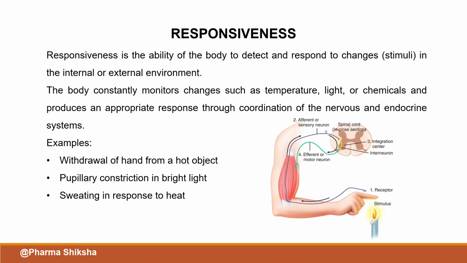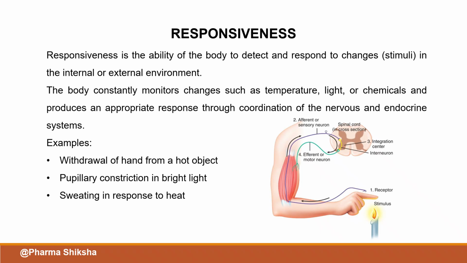The second one is responsiveness, which is the ability of the body to detect and respond to changes which happen in the internal or external environment. For example, if you touch a hot surface, your hand will withdraw from that particular area. So that is a reflex action.